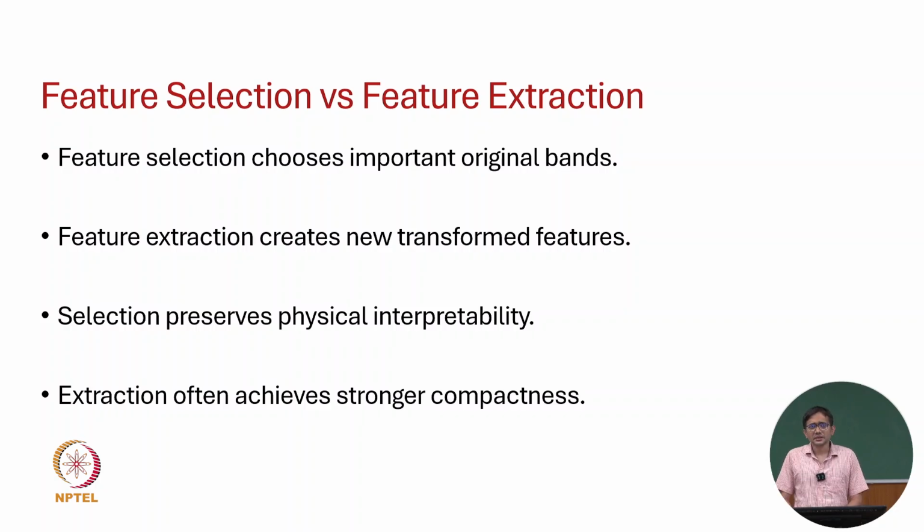Selection, in a way, preserves physical interpretability because there were 230 bands and we have taken 100 bands out of it, right? So we know which are those particular bands, what is the associated wavelength, and all those details. So it preserves physical interpretability. Whereas, on the other hand, extraction often achieves stronger compactness.